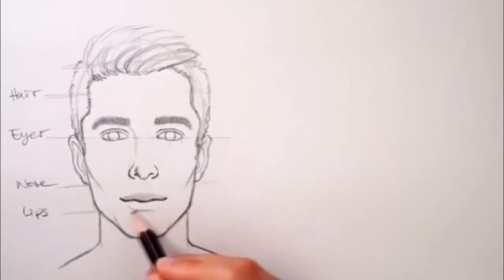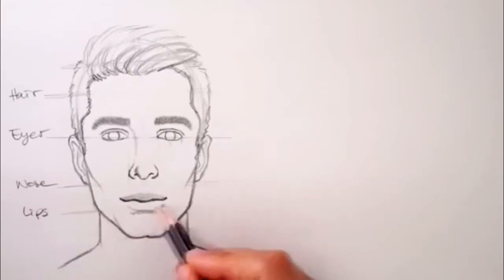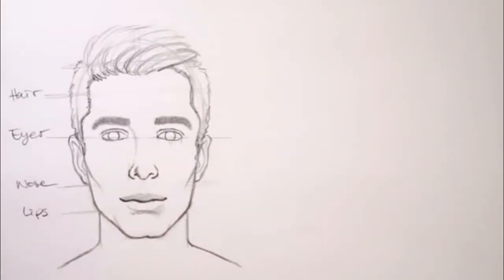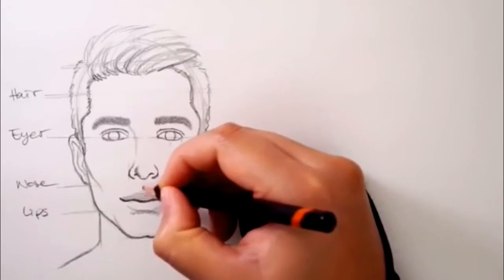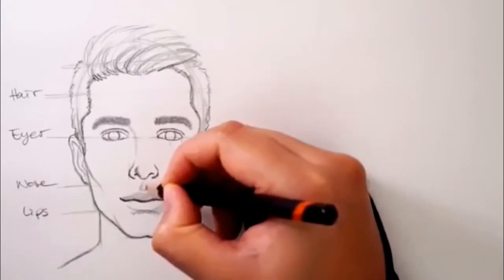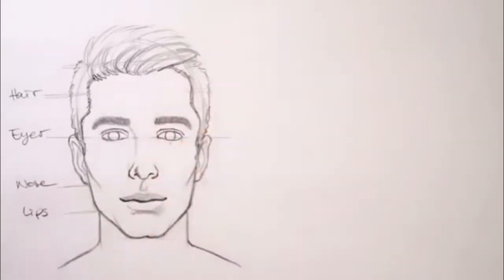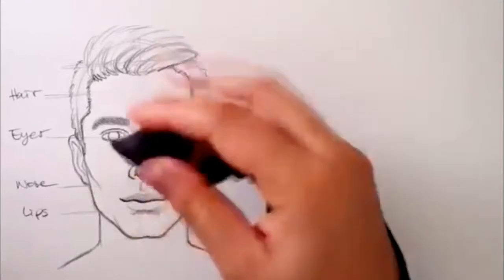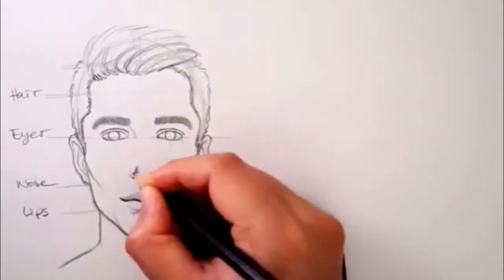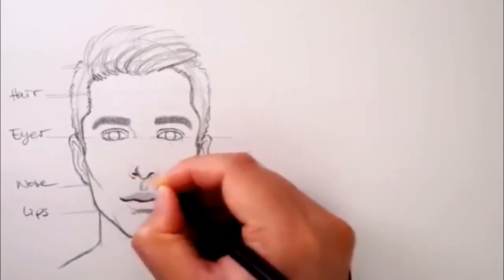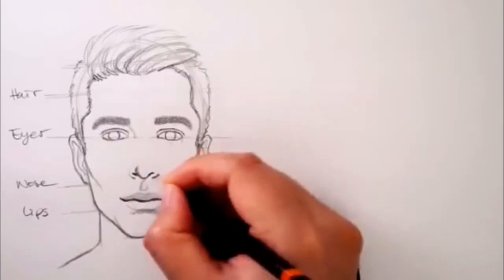Adding some shading underneath the mouth to bring out that chin. That was actually really effective. Let's also give the nose some sharper angles and a darker nose bridge.